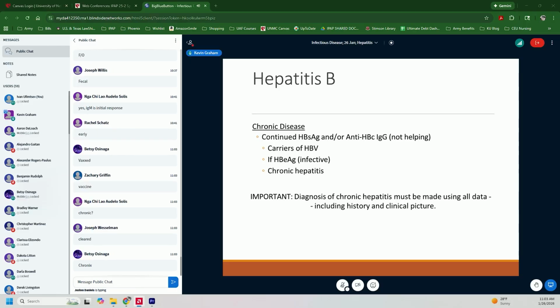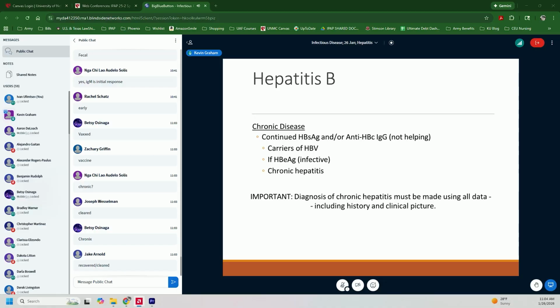Nope, the IgM is the initial antibody produced. So if it's IgM, it's acute. You have acute hepatitis. So core antibodies that are IgM and surface antigen together, that is an acute infection.